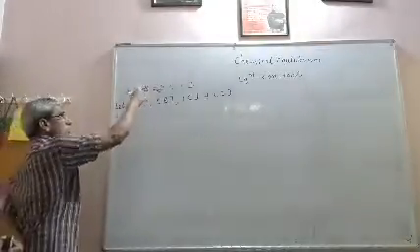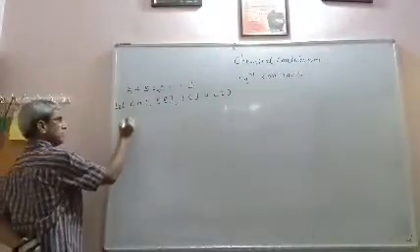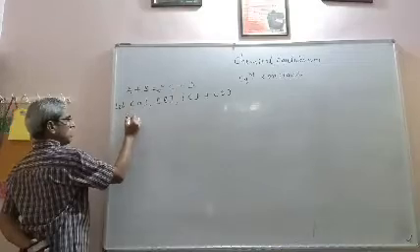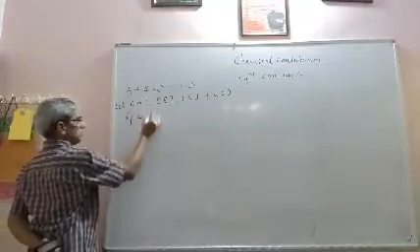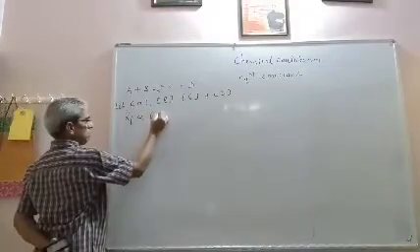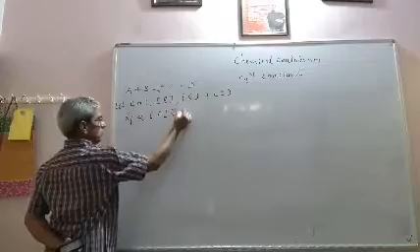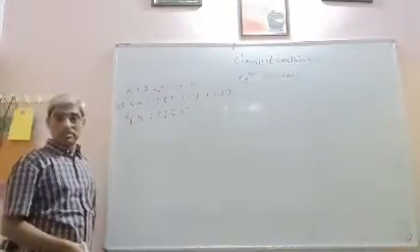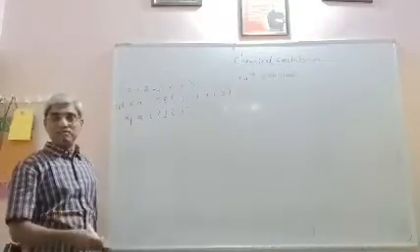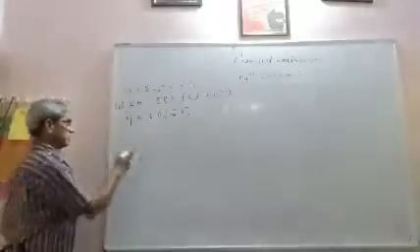Now apply the law of mass action first to the forward reaction, and we get RF. The rate of forward reaction is directly proportional to the product of the active mass of A into the active mass of B. As you know, the law of mass action states that the rate is directly proportional to the product of active masses of reactants.